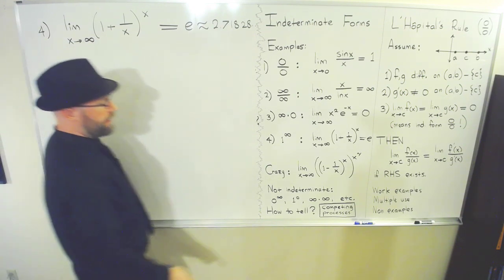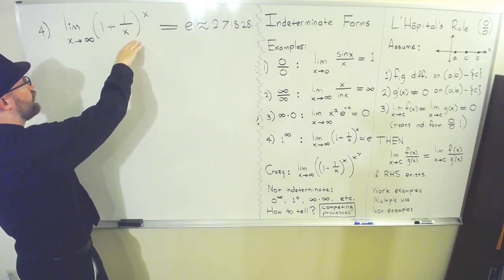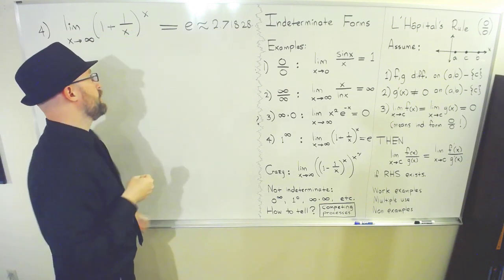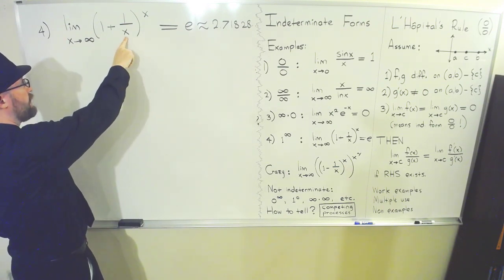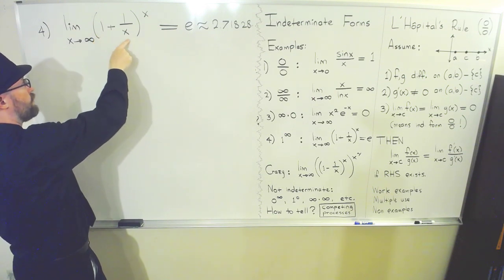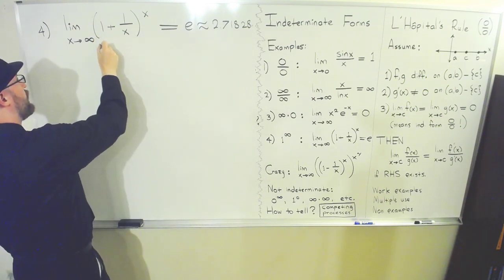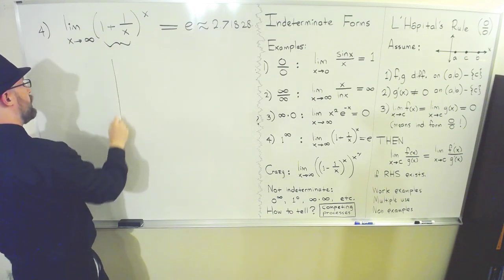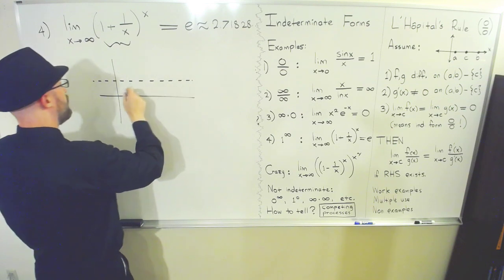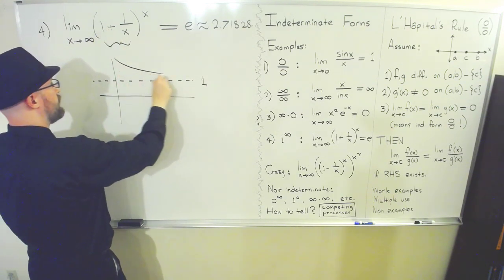Now, here again, you have this idea of competing processes, that one thing is getting smaller and one thing is getting bigger, and they're pulling in different directions. So as the x gets big, the 1 over x gets small. So the 1 plus 1 over x is getting smaller, it's going toward 1. If I draw a graph and I draw a line across here at the height of 1, then this 1 plus 1 over x is going down like this.